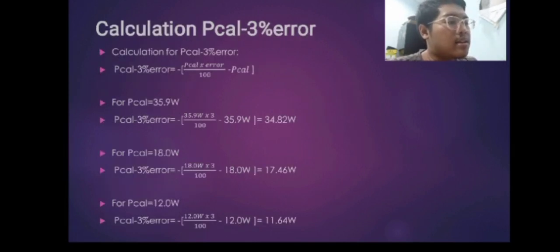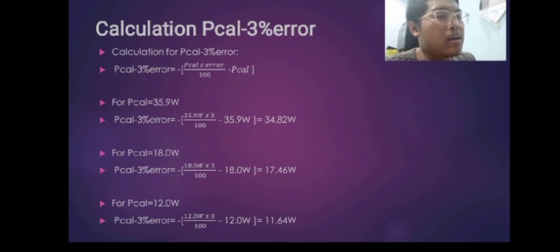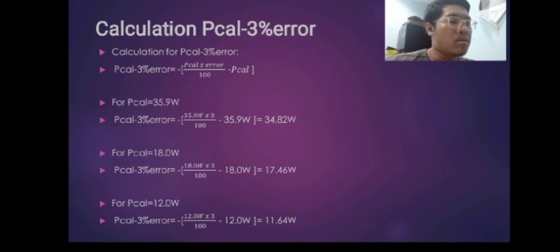Okay, the next one is the calculation for P calculated minus 3% error. To find it, we use the formula P calculated times error per 100, minus P calculated. For P calculated equal to 35.9 watt, the answer for P calculated minus 3% error is 34.82 watt.